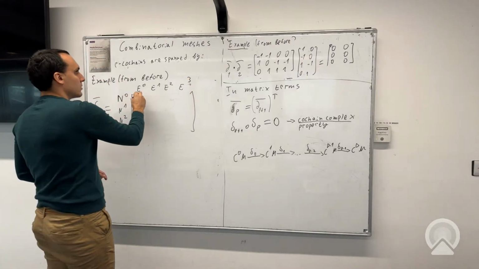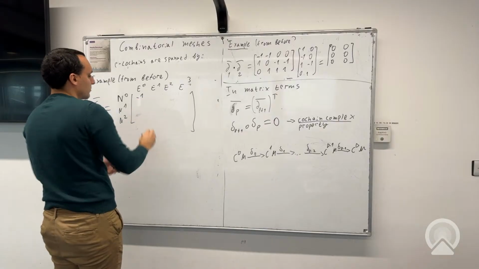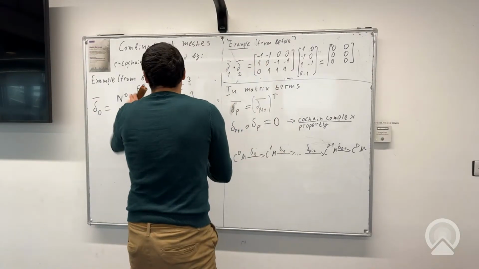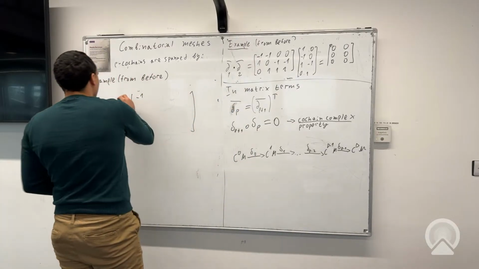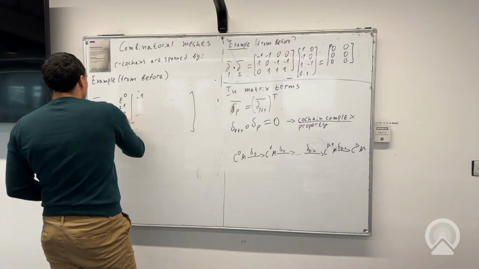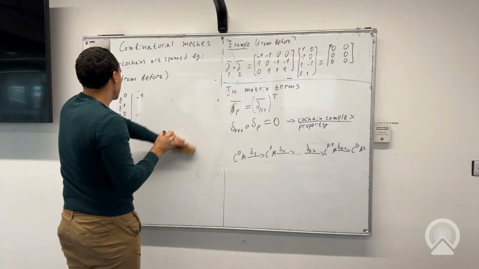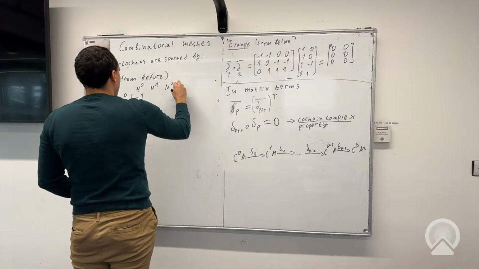So I have -1. What did I do? I'm so confused. E0, E1, E2, E3, and 0, 1, 2.